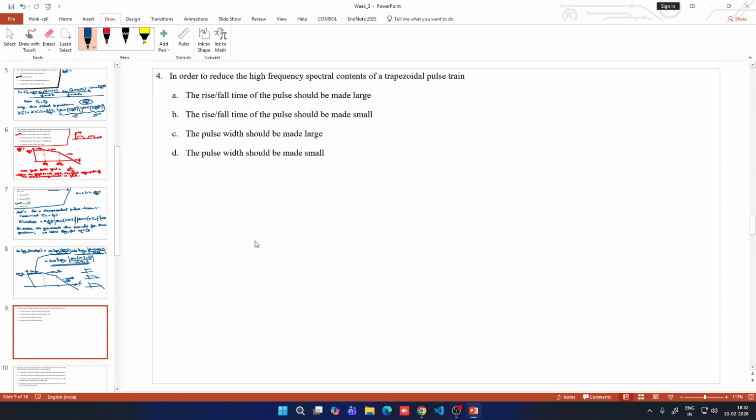In order to reduce the high frequency spectral content of a trapezoidal pulse train, 4 options are given and we have to select the correct one. Option A is the rise or fall time of the pulse should be made large. Option B, the rise or fall time of the pulse should be made small. Option C is the pulse width should be made large, and option D the pulse width should be made small.